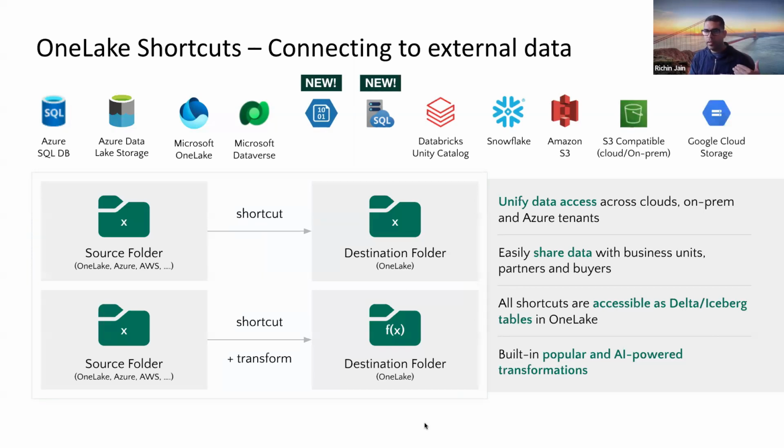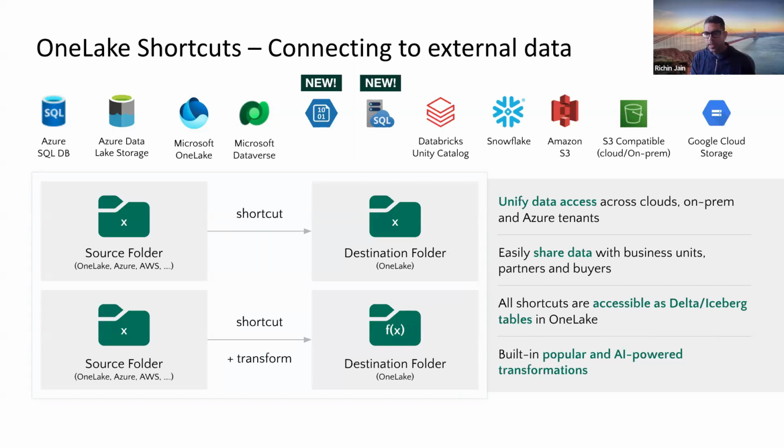So for a Fabric user, it just feels like through shortcut that the data is sitting within Fabric, but Fabric fetches it for you at runtime when you are firing queries against those shortcuts. We have cache built into the shortcuts, so there's not a performance hit. We managed it all for you.